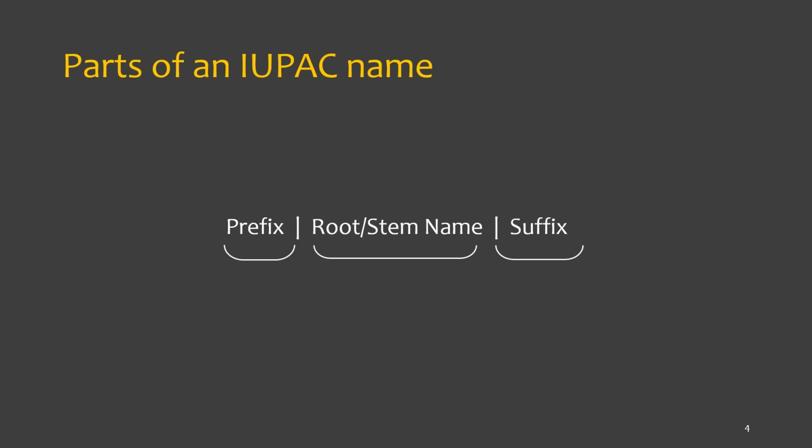Apart from the substituent, how many carbons are there in the chain? If there are 2, that could be ethane, 3, 4, and so on. Suffix. Suffix is the last part of the name, and it tells us about the class of compound. Either it's an alkane, alkyne, alcohol, and so on. Let's move on to detail on that.